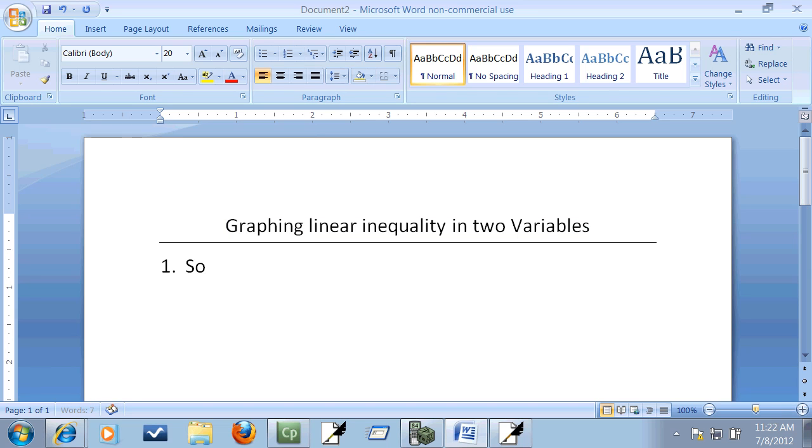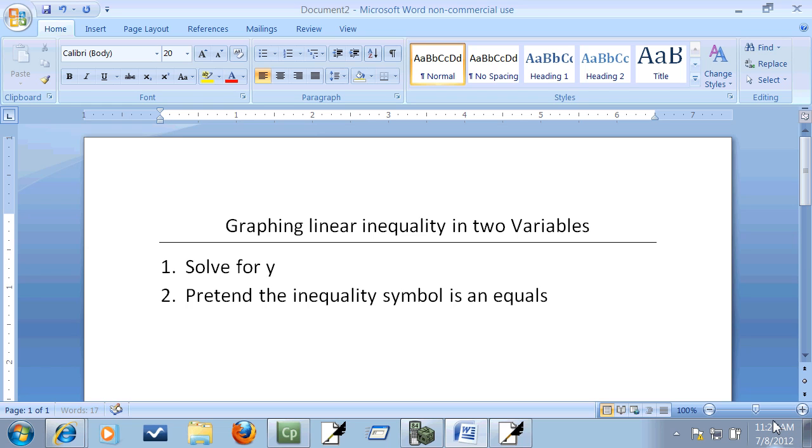Our first step is solve for y. It just makes it easier whether doing it by hand or even on the calculator. You have to solve for y. Pretend the inequality symbol is an equals and graph it with the following stipulation.